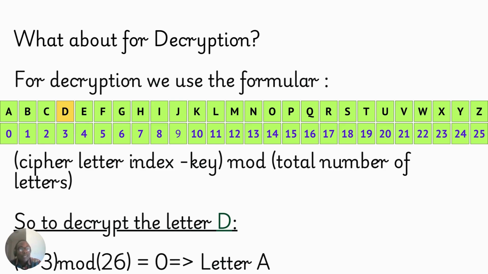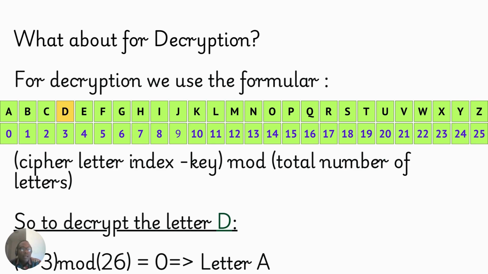So to decrypt the letter D, all we do is take the cipher letter index, which is 3 from the table. We look at our key, which we know already to be 3 because we use the same key to encrypt and decrypt. And then we take a modulus of the total number of letters, which in this case is 26.